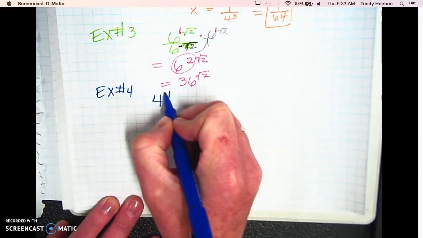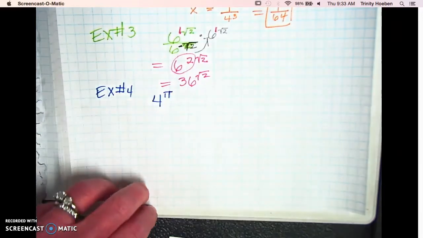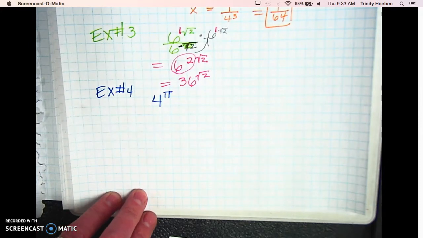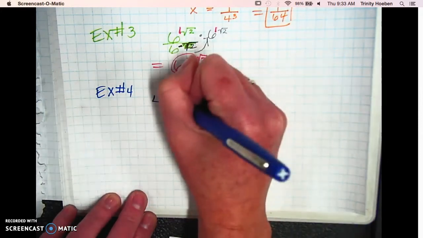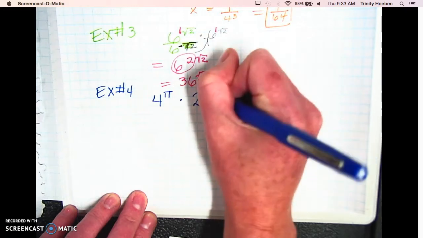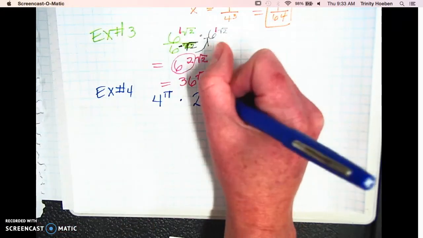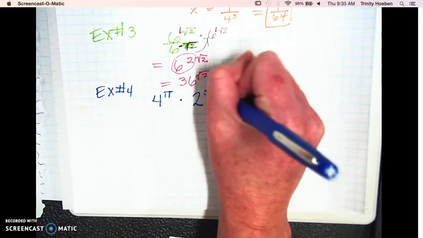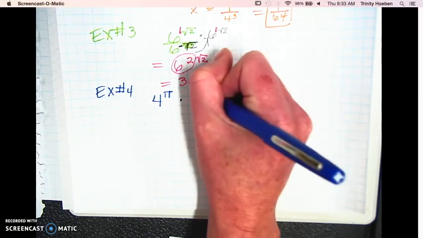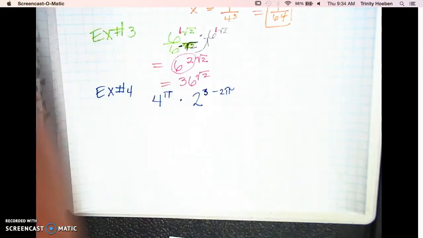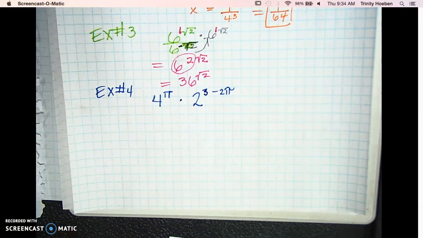Take 4 to the power of pi, and pi is also a decimal, right? Multiply that by 2 to the 3 minus 2 pi. 4 to the pi times 2 to the 3 minus 2 pi.